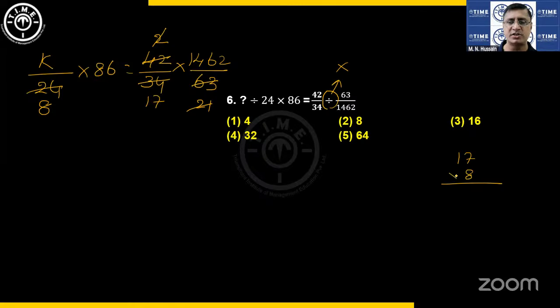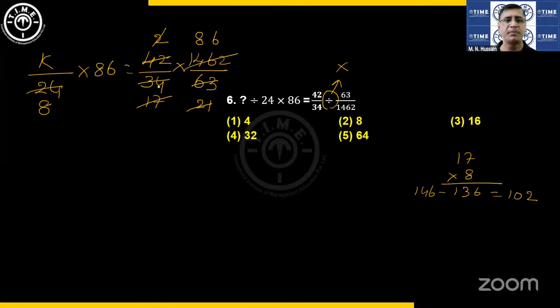That is 136. So 8 times is 136. 146 minus 136 means left with 10. So the next digit is 2. 102 by 17 goes exactly 6 times.